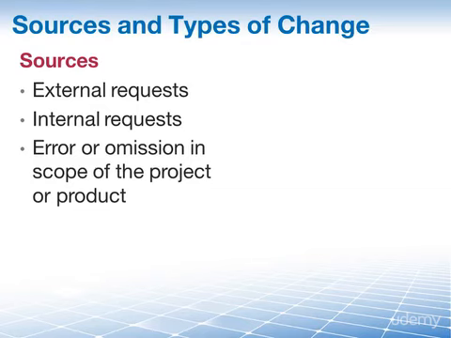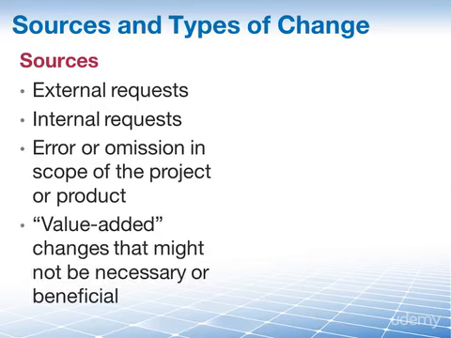Or then there are these so-called value-added changes that might not be necessary or beneficial to the project, and after a careful cost-benefit or strategic analysis, the time or costs of implementing these value-added changes may actually outweigh their benefits. And then in regards to the type of changes, there could be a change in requirements.